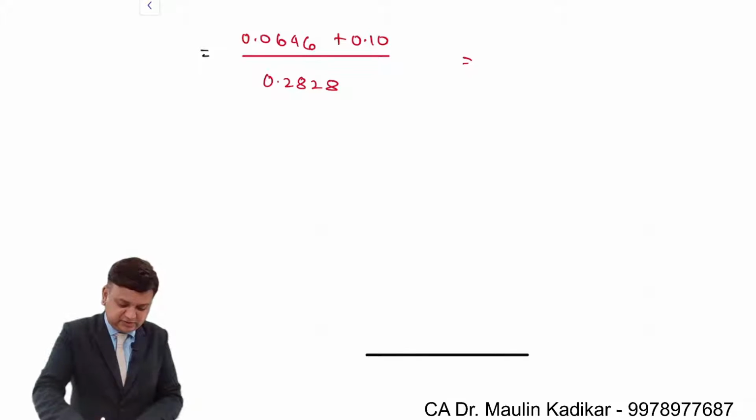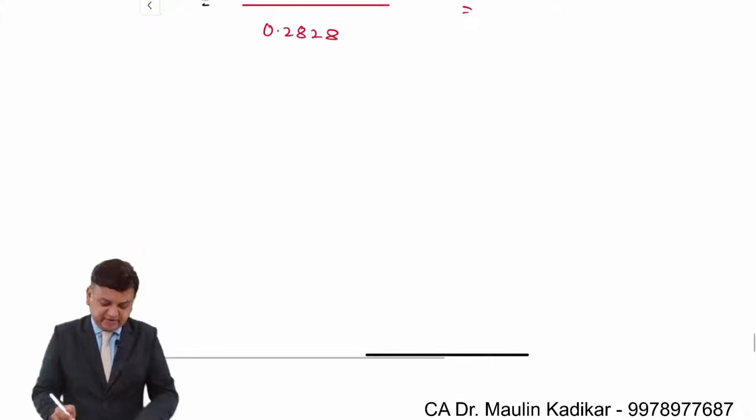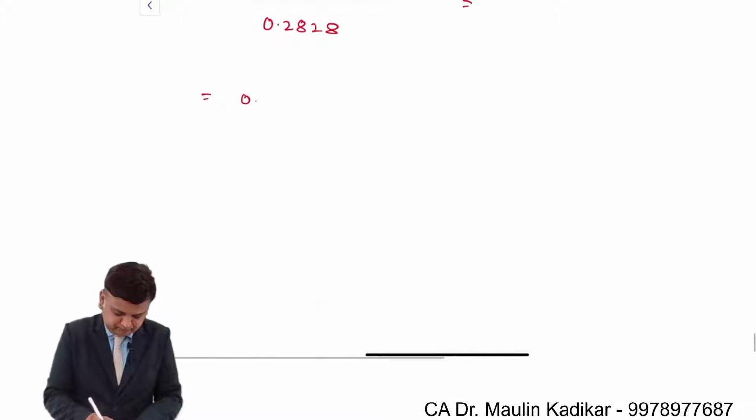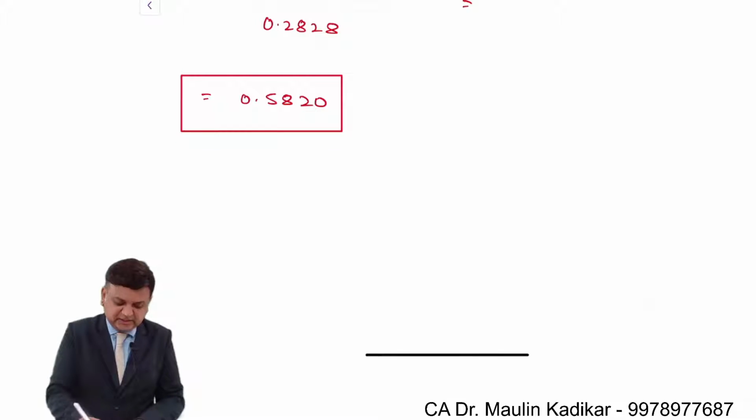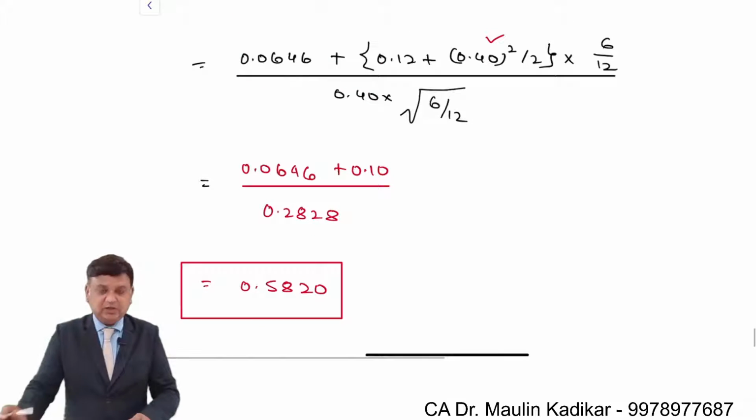So 0.0646 plus 0.10 divided by 0.2828 is 0.5820. This is the way we will be able to calculate the answer for D1.